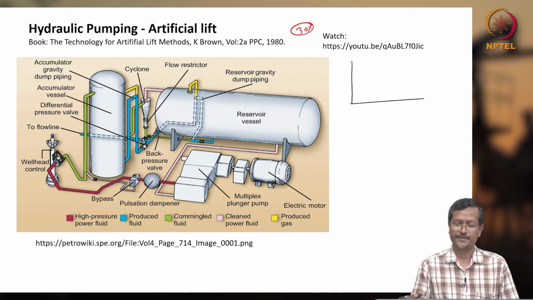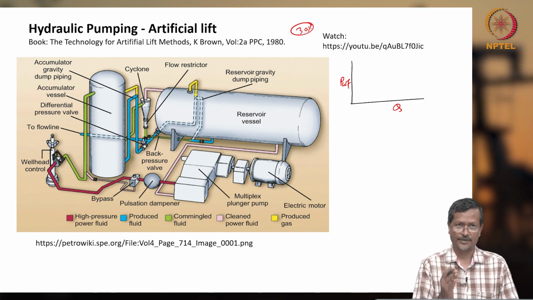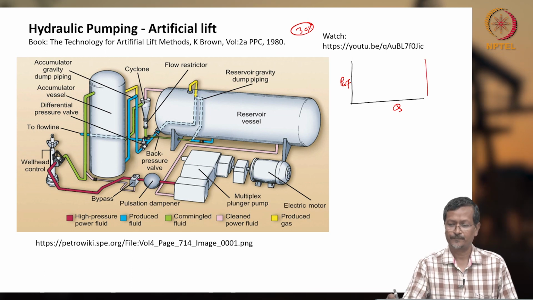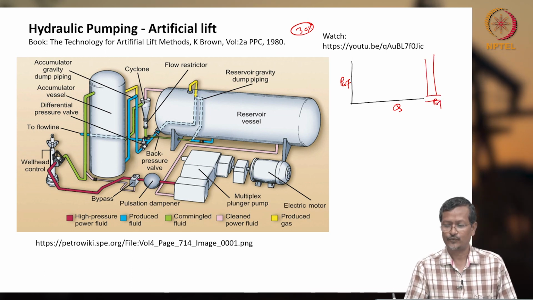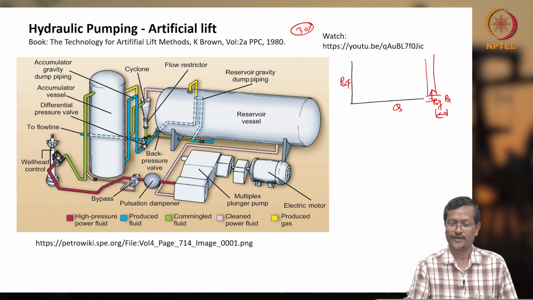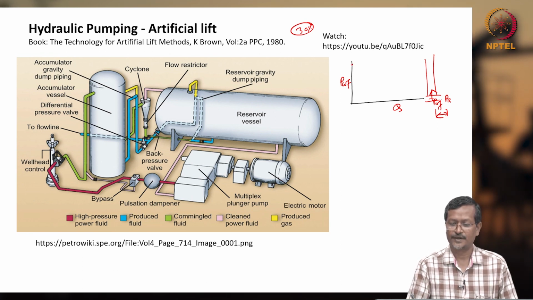So you have to go to the IPR curve. Remember, if PWF, the flowing pressure in the wellbore, is high, you get a very low flow rate. PWF and PR: if the difference between PR and PWF is very high, you will get more productivity. If PWF is very high, you get a very low flow rate.